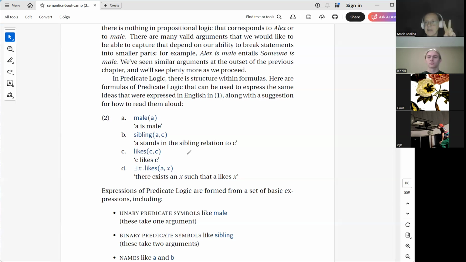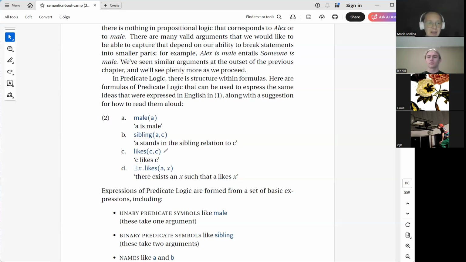And again, as it demands two variables, two arguments, we have two variables. And as you see, first is who likes, and second is whom. Subject and object, right?